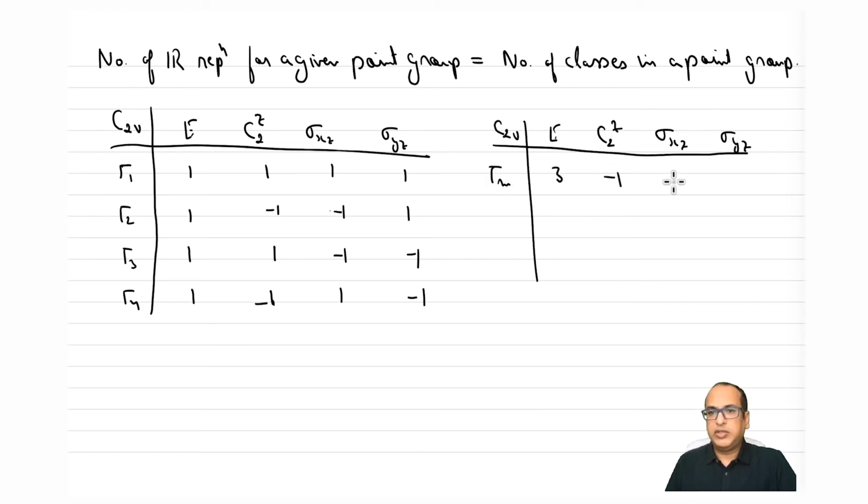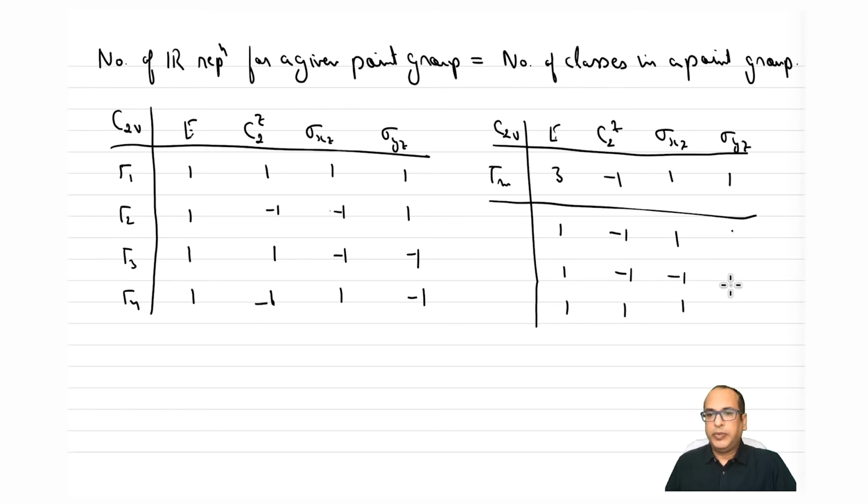So 3 minus 1 plus 1 plus 1. And then you can see by doing a simple trial and error method, you can divide this into a sum of 3 irreducible representations, right? So 1, 1, 1, and this will be -1, -1, 1. This will be 1, -1, 1, and 1, 1, -1.